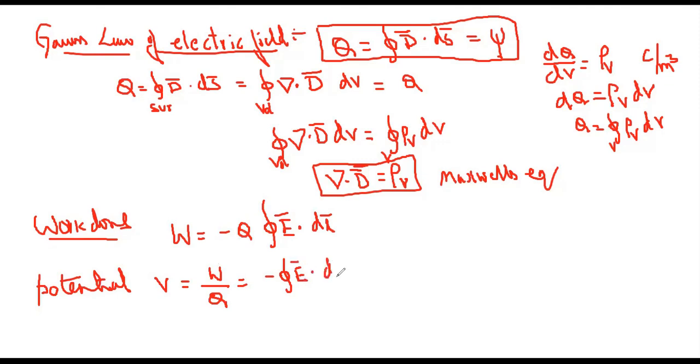By using the electric field intensity formulas we have, we can substitute and apply the differential length along the X or along the R directions. We will get the potential due to the infinite line, the point charge, the line charge, the surface, and the volume, and the infinite sheet also.